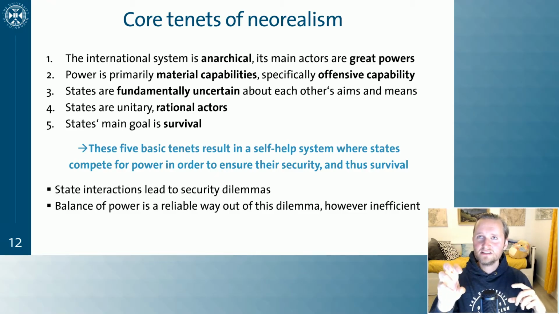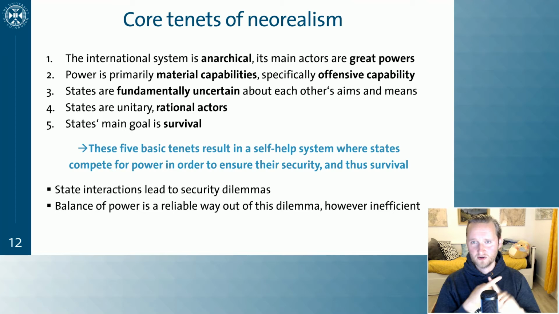So they treat these things almost as laws of nature. These are fundamental to the system and they cannot be changed. First, the international system is anarchical. I talked about what an anarchical system is in the concepts lecture. If you forgot, go back to that one and check it out. It's an anarchical system where there's no overarching legitimate use of force by a level that's higher than states.